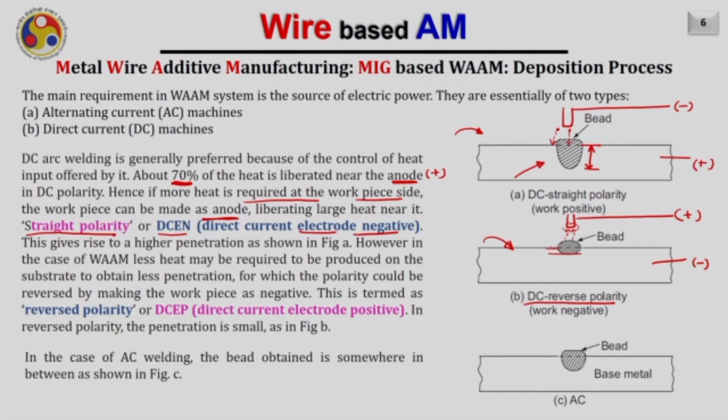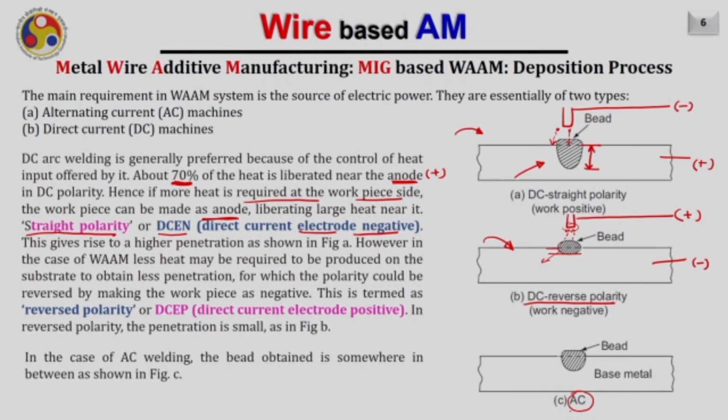As there will be less penetration, or in other words, less dilution in the substrate, the feature which you are depositing on the substrate can sustain. Therefore, in the case of WAAM, it is usually preferred to use the reverse polarity, or DCEP.